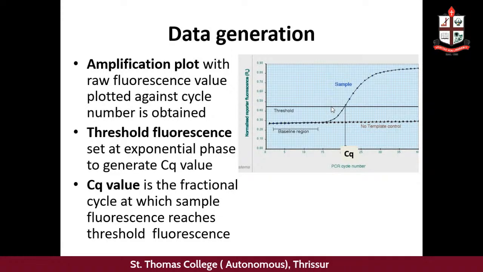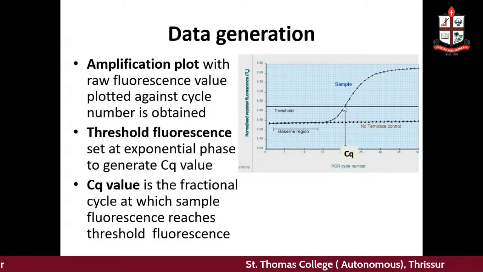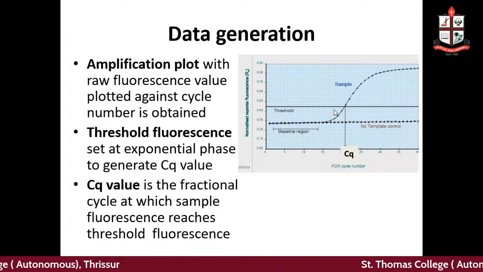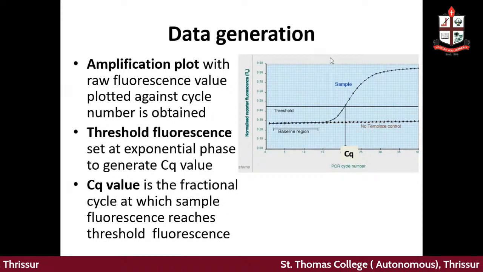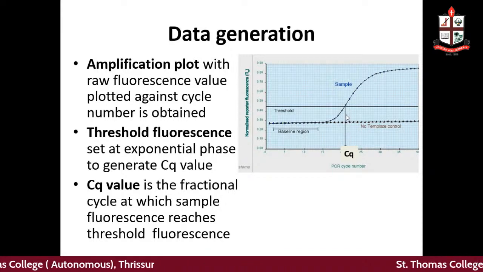So here we have the curve, and we should place this threshold fluorescence for comparing different samples in the exponential phase. That's the most important part. Here you are seeing only one sample, and you can fix this threshold fluorescence anywhere in this graph, and that will give you the basic data of real-time analysis, that is Cq data. So what is Cq data?